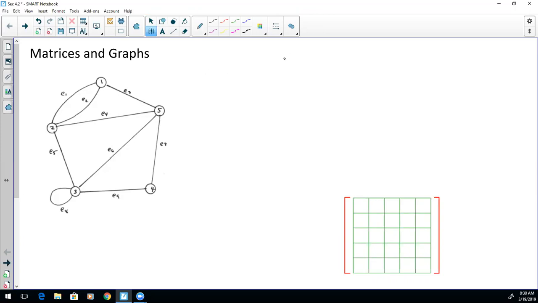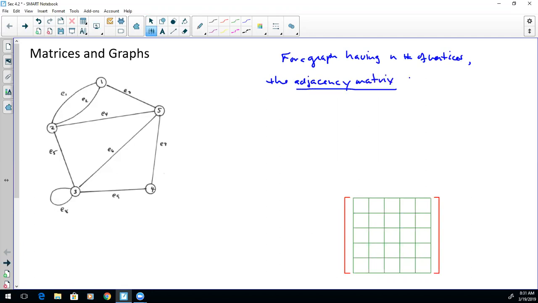For a graph having n number of vertices, the adjacency matrix is the n by n matrix.